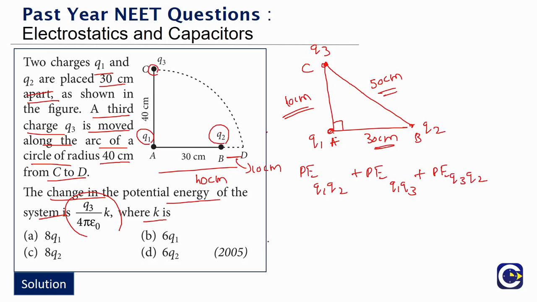Here the distances are in centimeters. If we convert this into meters, this will be 0.4 meter, this will be 0.5 meters, this will be 0.3 meters.